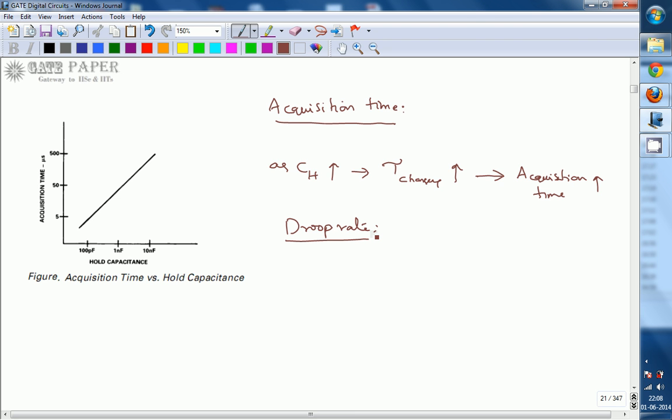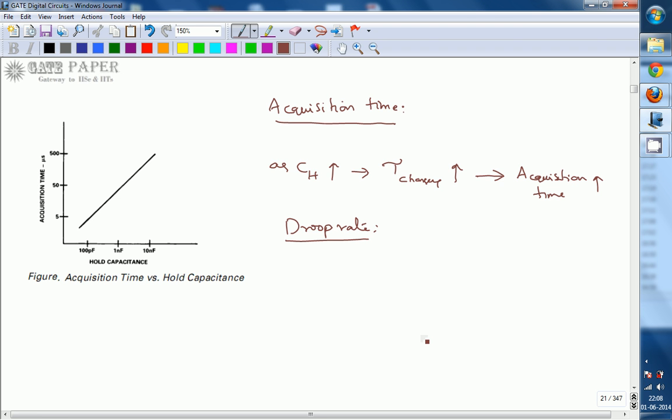Ideally, whenever it is in the hold mode, the capacitor voltage should not decrease; the charge present in the capacitor should not discharge. But actually, as time progresses, it discharges. How much it discharges with respect to time is called the droop rate.